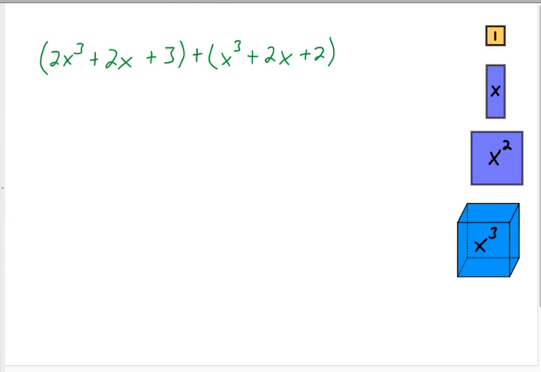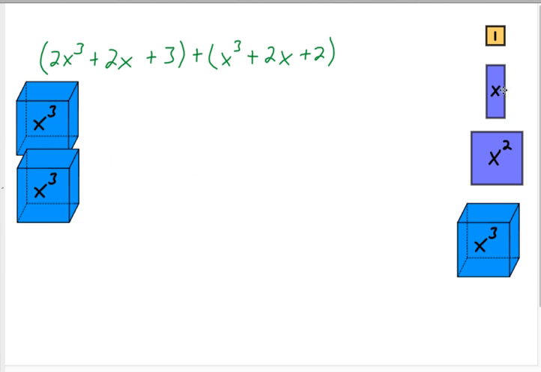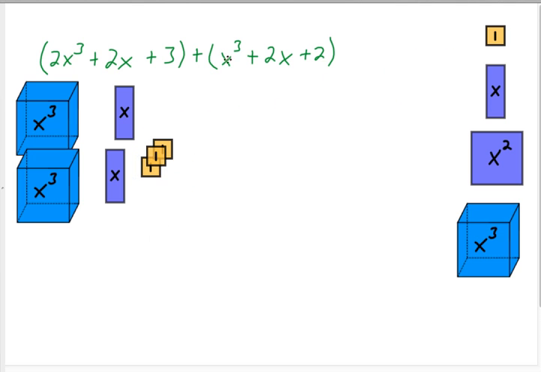Let's try another. So here we have 2x cubed, so we have some x cubes in this one, plus 2x plus 3. And we're going to add another x cubed. Now it doesn't tell us how many in front of here, so when there's no number in front of there, we automatically assume it's just one of them.